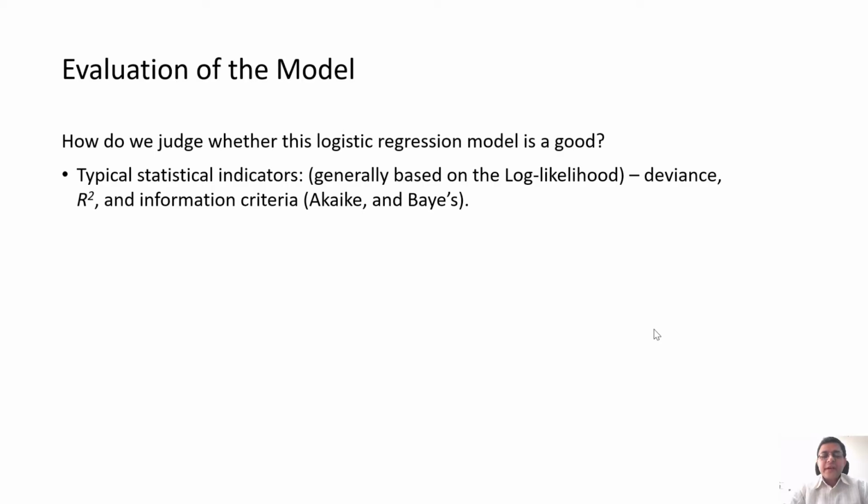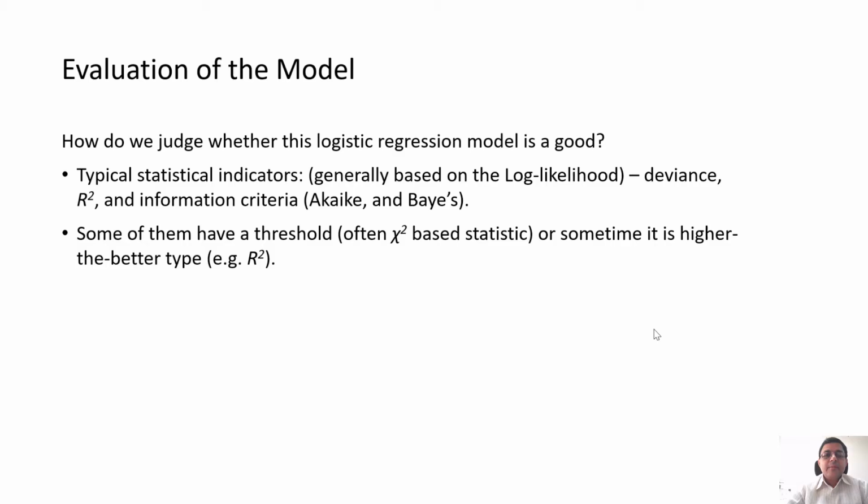Now, these statistical indicators obviously cannot be taken in an absolute sense. Whether the value of the statistical indicator is large or small may be dependent on some statistical test. For example, some of these statistics have a chi-squared test statistic, and whether they are significant or not depends on some chi-squared test.